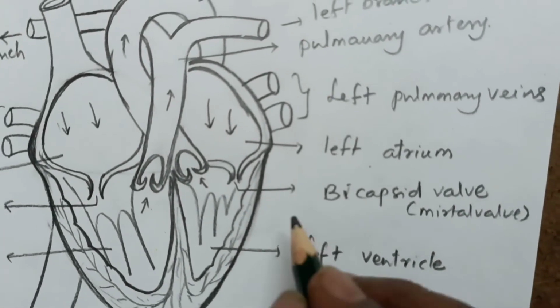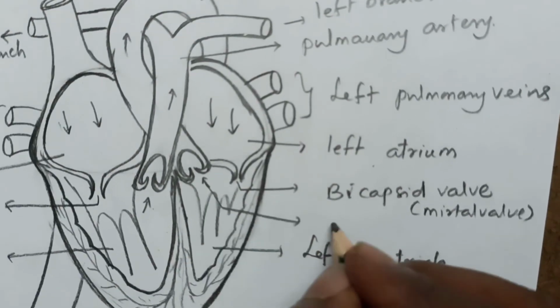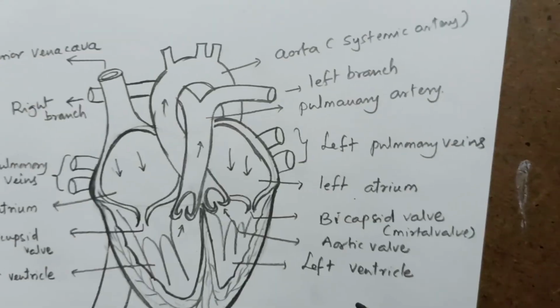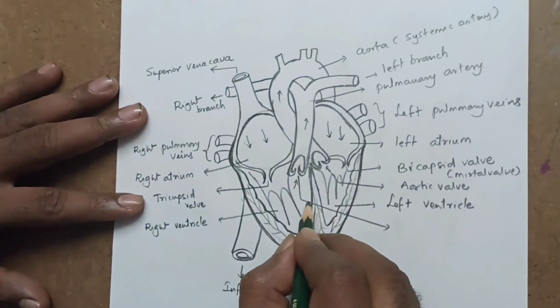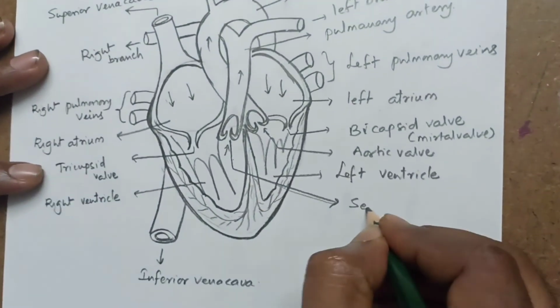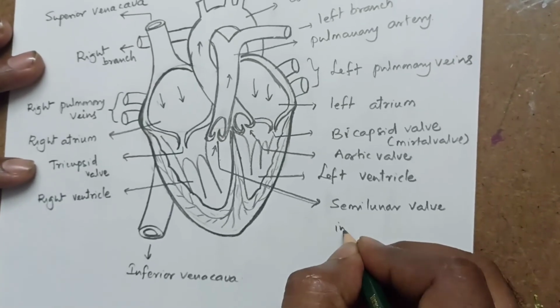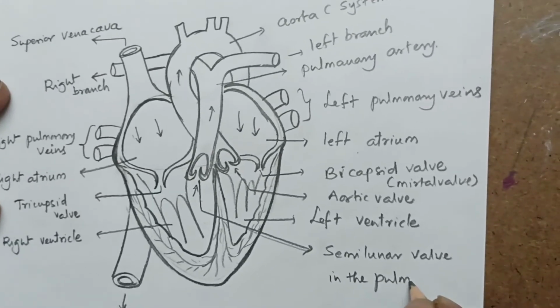It is the aortic valve. This is the pulmonary valve, also known as the semilunar valve in the pulmonary artery.